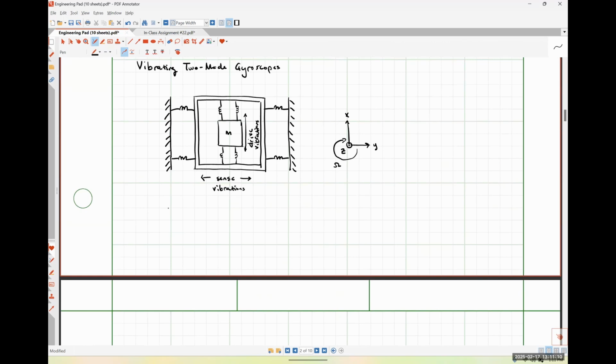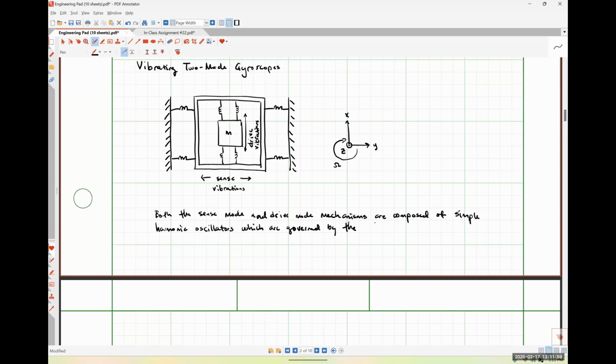Both the sense mode and drive mode mechanisms are composed of simple harmonic oscillators, which are governed by the following relationship.